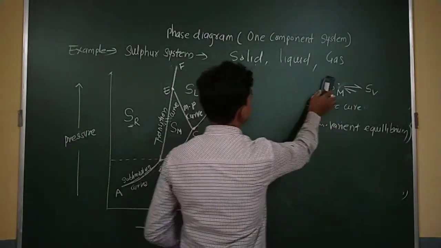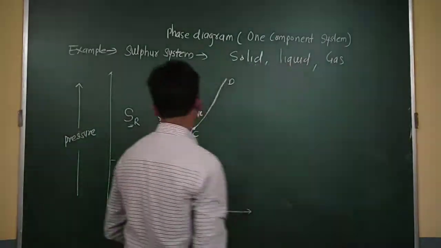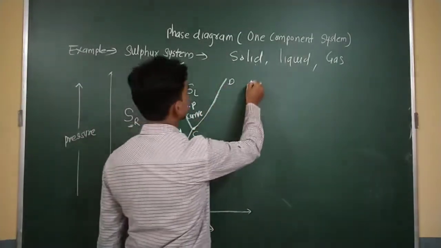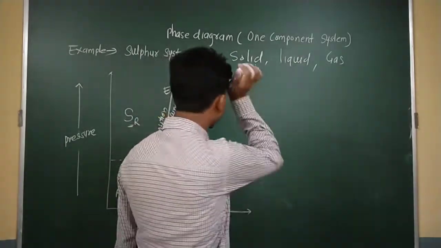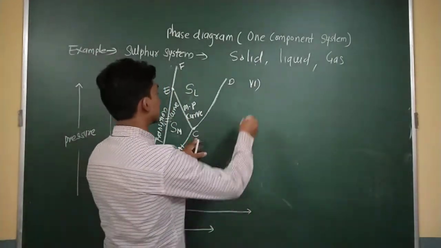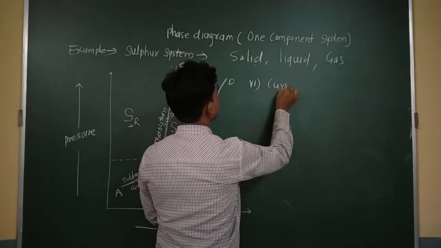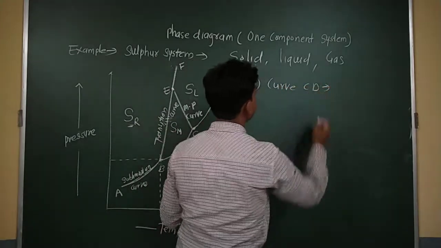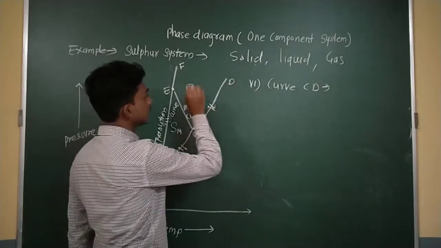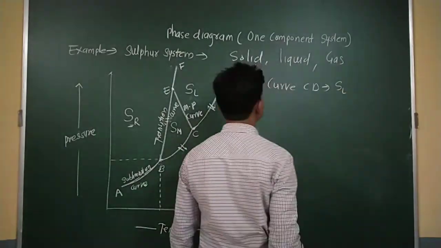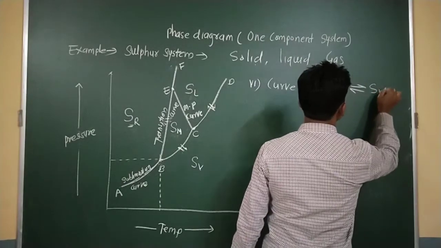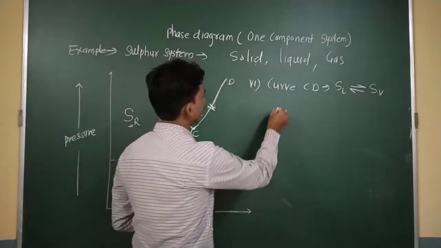Okay, now the next curve. Which curve is left here? This curve, C to D. What does this curve indicate? I think it is curve number 6. Curve C to D, what does it indicate? This is the equilibrium between SL, that means sulfur in liquid state, and sulfur in a vapor state, and that curve is known as a boiling point curve.